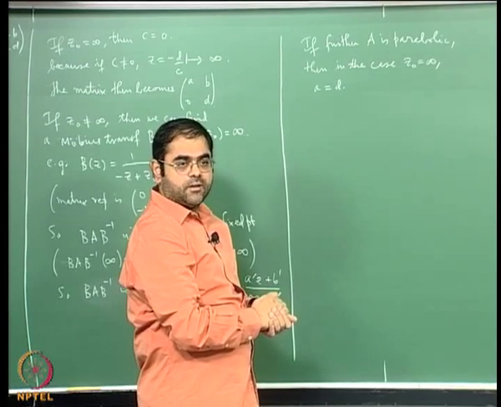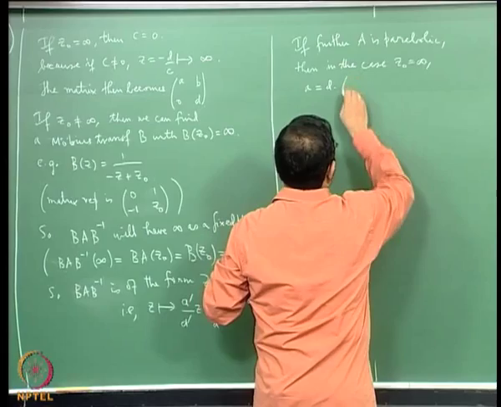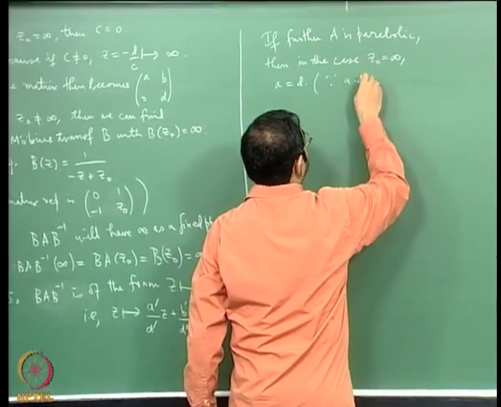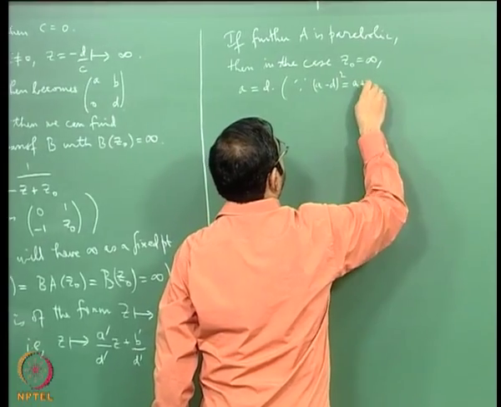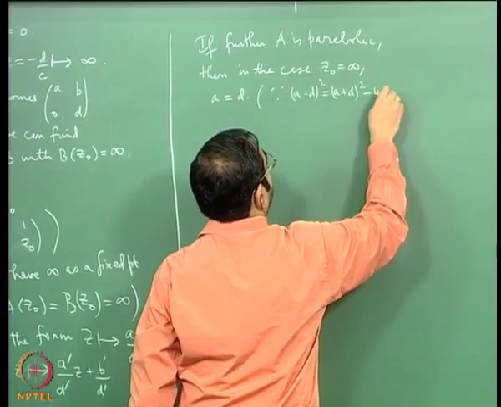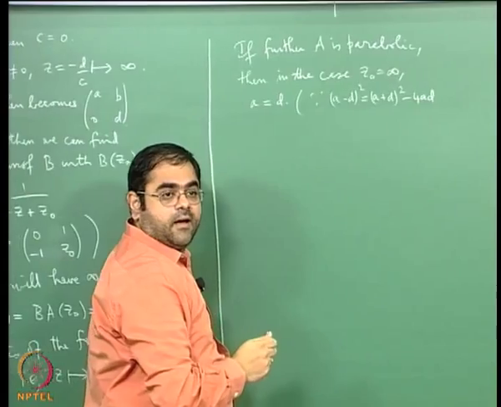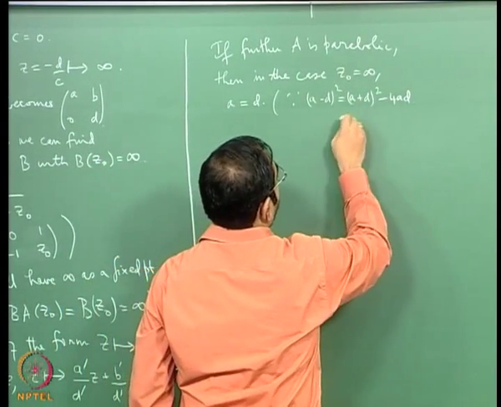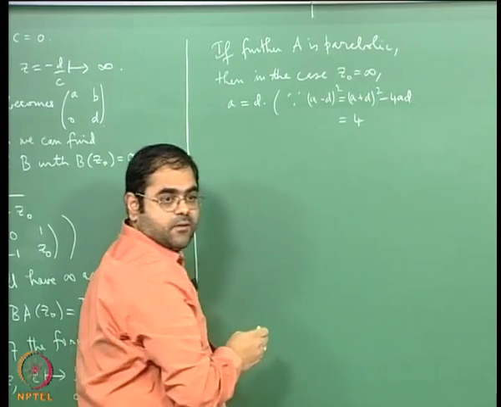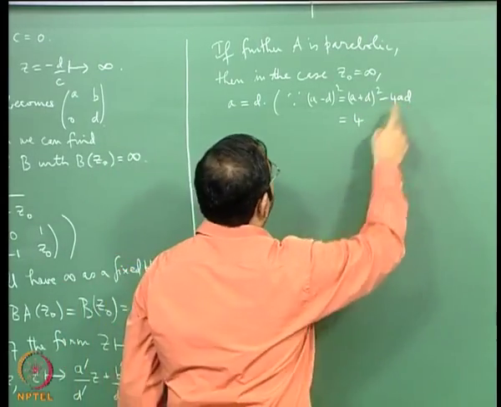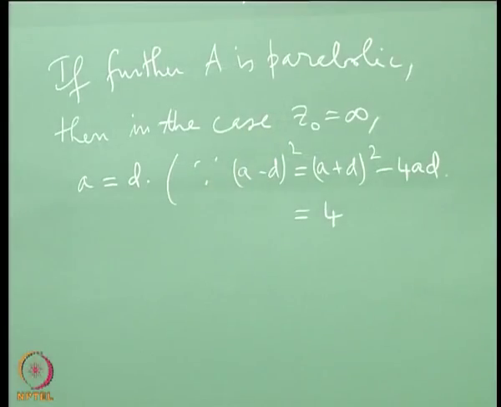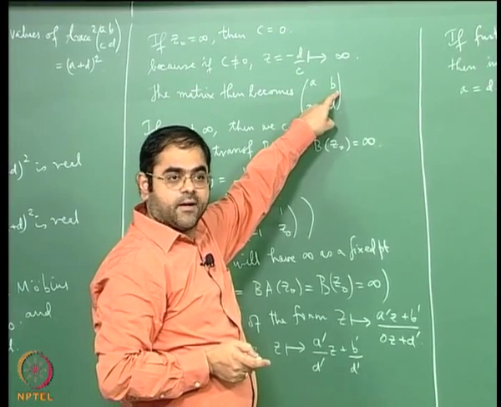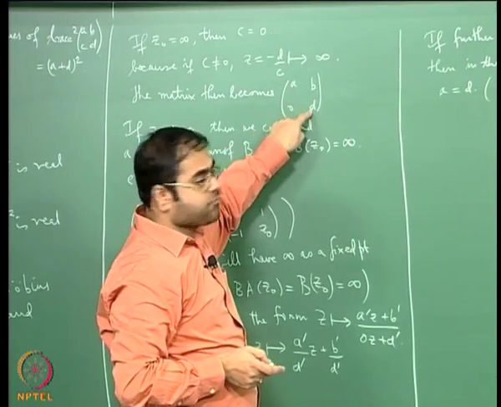you know why this is true, because as I explained in the last lecture, A minus D the whole squared is A plus D the whole squared minus 4AD. Well, if it is parabolic, A plus D the whole squared is 4, and AD minus BC is going to be 1, but C is 0, so AD is 1.